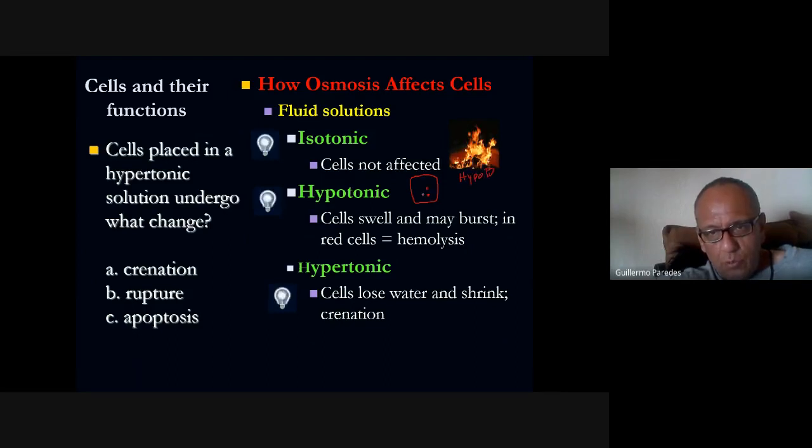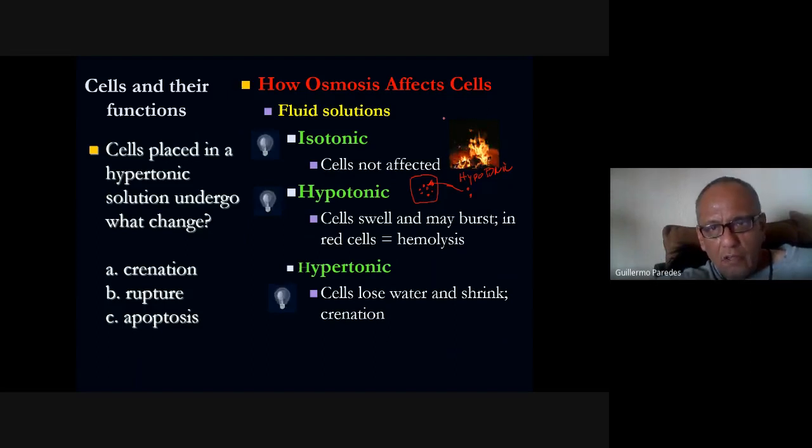You have 1, 2, 3, 4, 5, 6 here, and here we have 1, 2. So hypotonic means low concentration outside. So what is going to happen? The water is going to go to the higher concentration area.